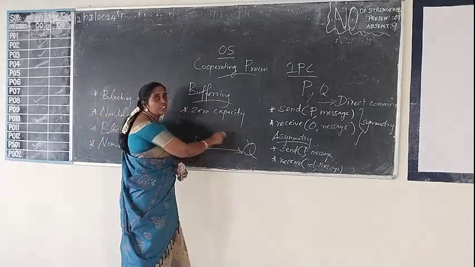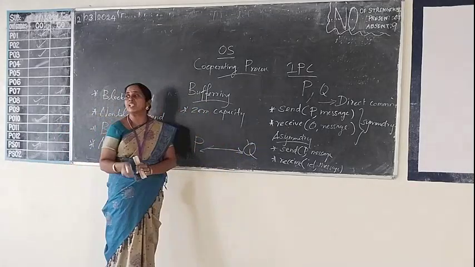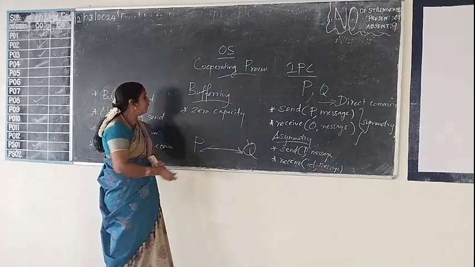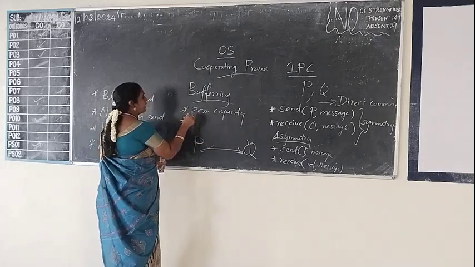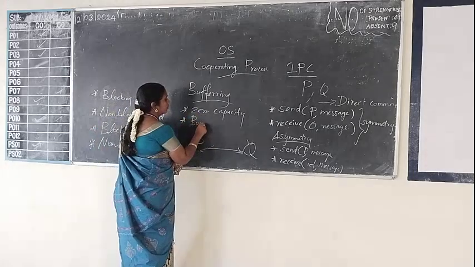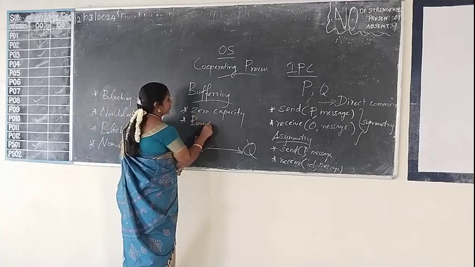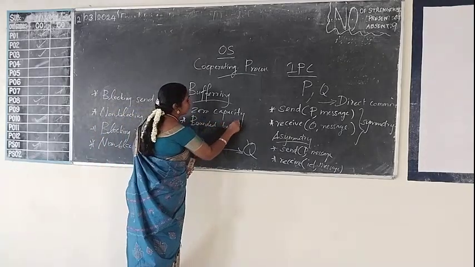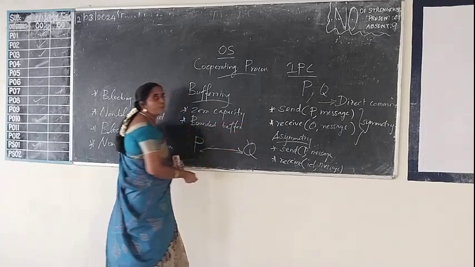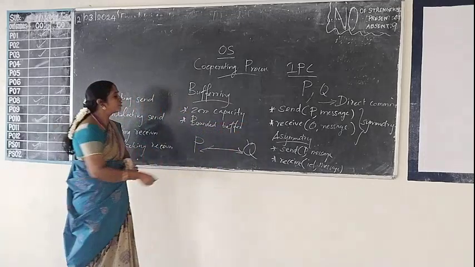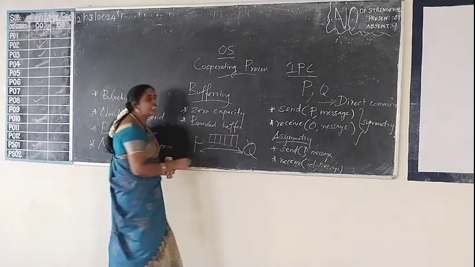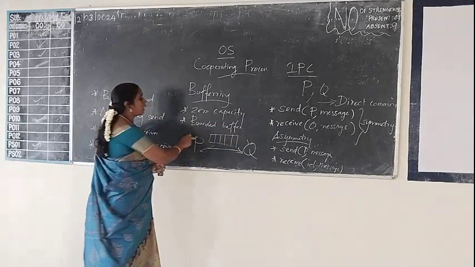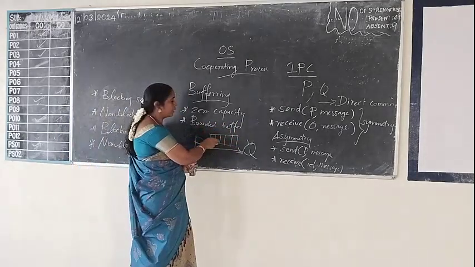In this communication link, there are no messages if the buffer capacity is zero. And the second category is bounded buffer. In bounded buffer, there is a fixed limit on the buffer size. So if the buffer size is 5, there can be 5 messages lying between the sending class and receiving class, depending upon the buffer size.